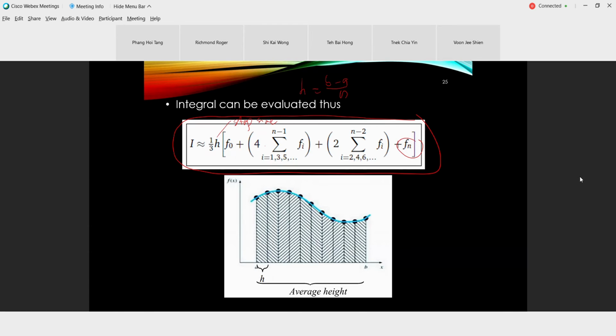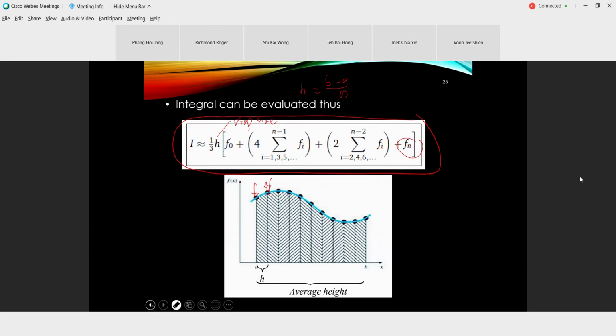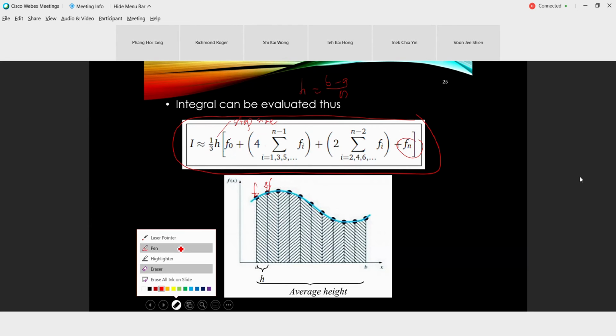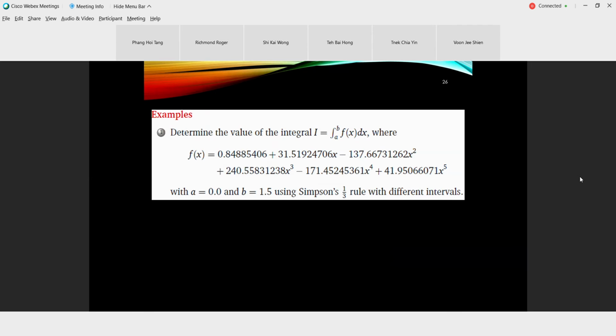So you need to have 2 different terms. First, F naught. Then F1, so you need to use 4F1. Then 2F2.